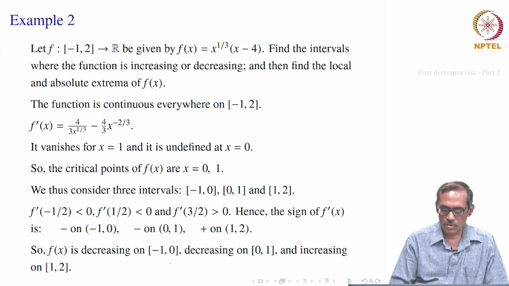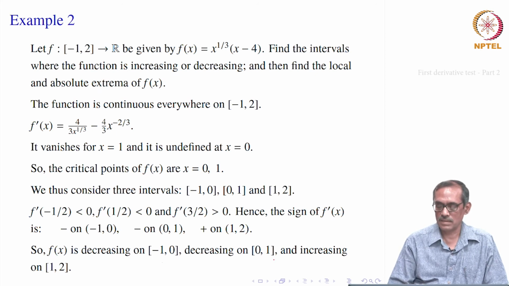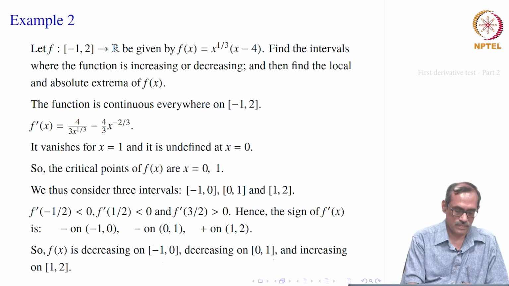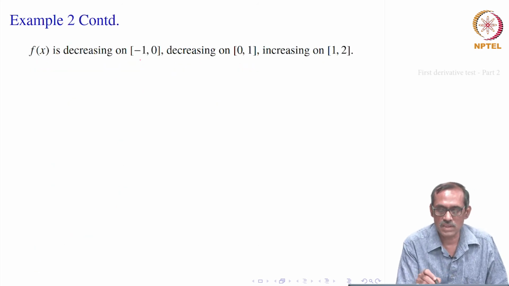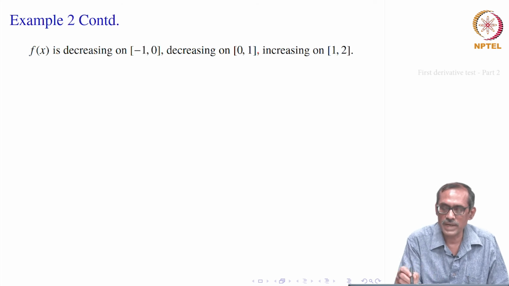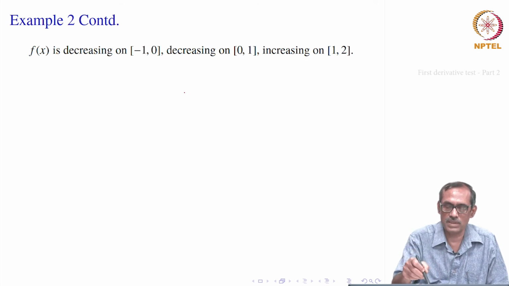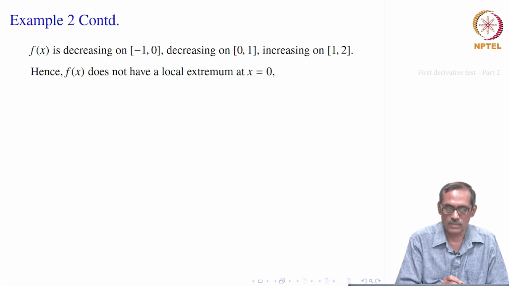Okay. So, it is decreasing on minus 1 to 0, decreasing on 0 to 1 and increasing on 1 to 2, right. So, that means f of x is decreasing throughout minus 1 to 1 except at that point 0 where it is not defined, and increasing on 1 to 2.